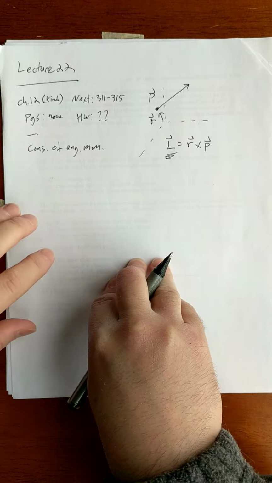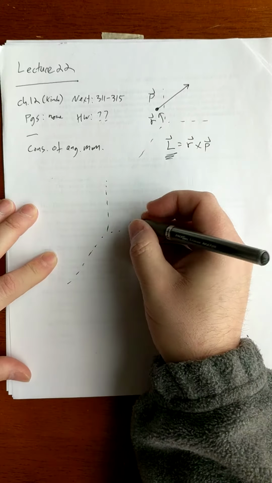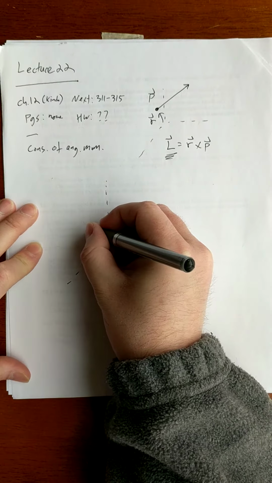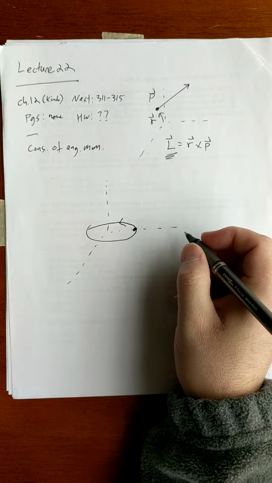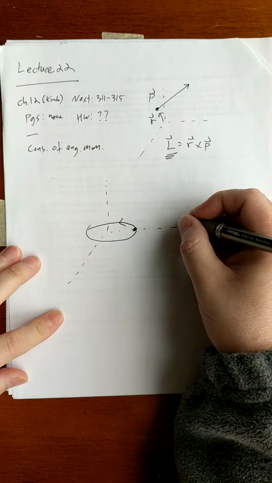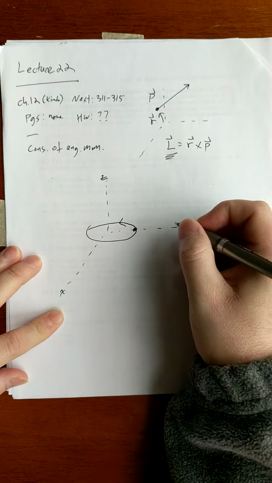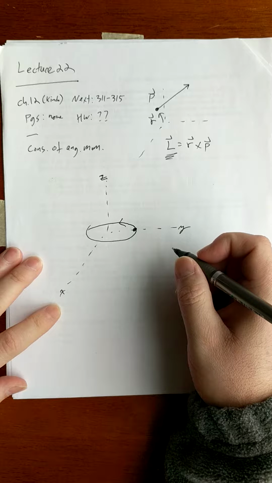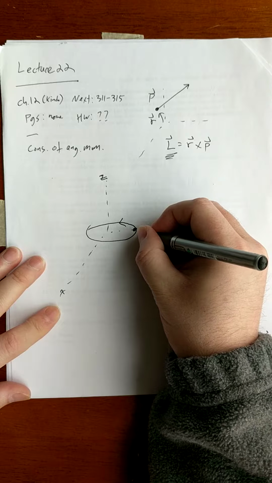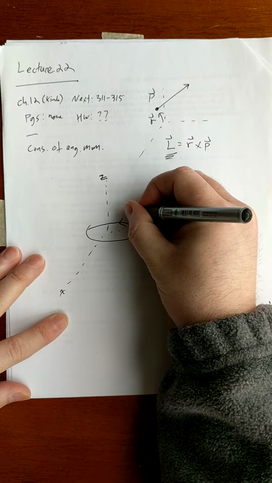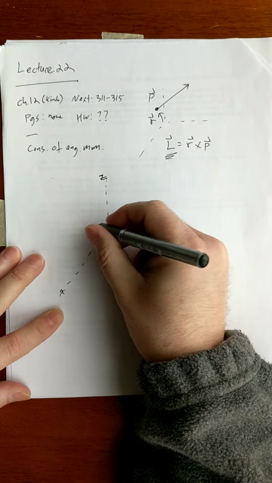So let's take the example of a single particle, and it's going to be executing some orbit around the origin. This particle has some mass m, and it has some instantaneous velocity v, which is tangent to this symmetric orbit it's following.